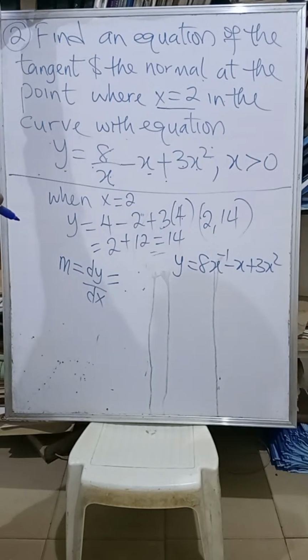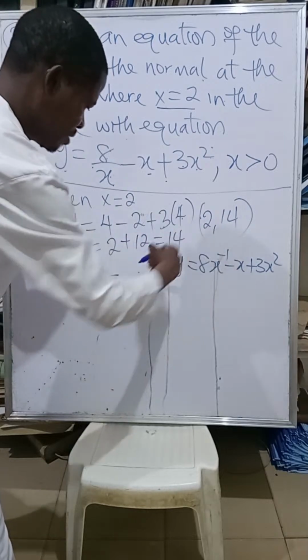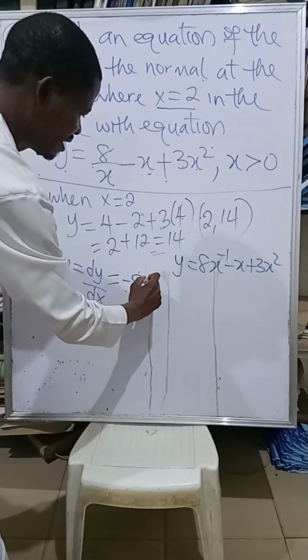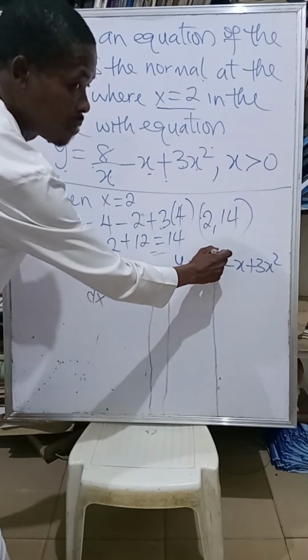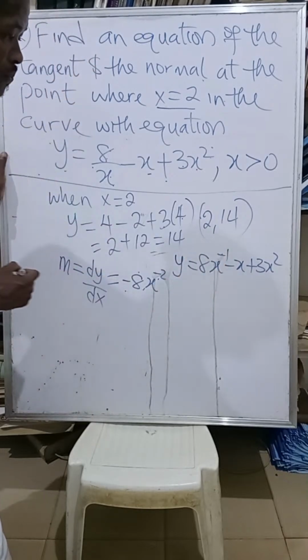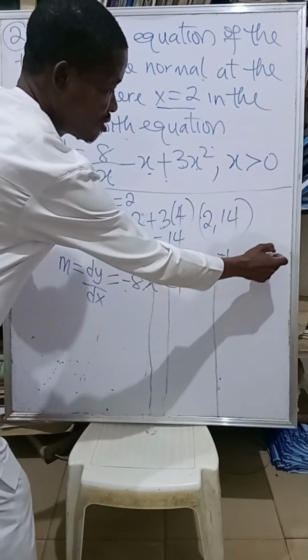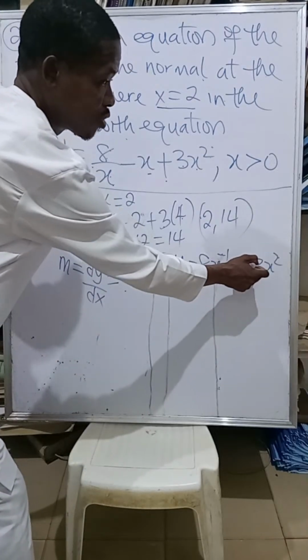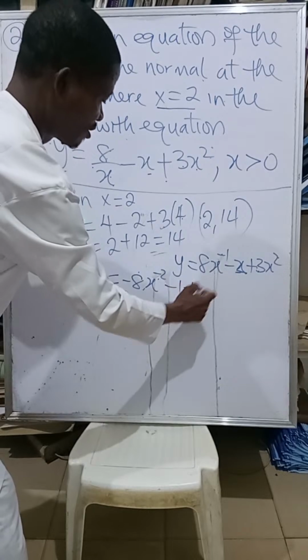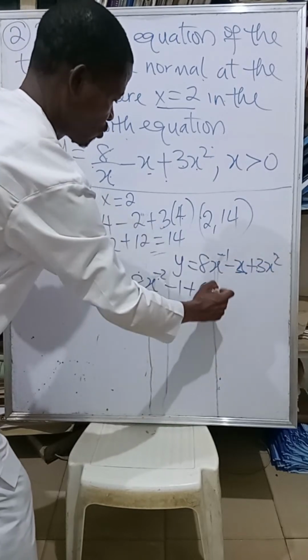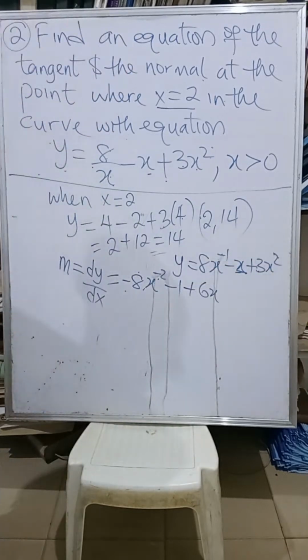And that will be equal to what? The power will go to the front, and that will be minus 8 times x to the power minus 2, the power minus 1 making minus 2. If you differentiate this, that will be minus 1, and for this, the 2 will come to the front, that's plus 6, and then the power minus 1, so that's power 1. So that's what we have for the gradient.